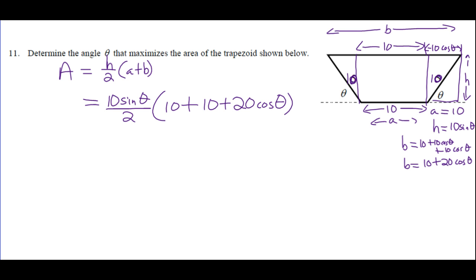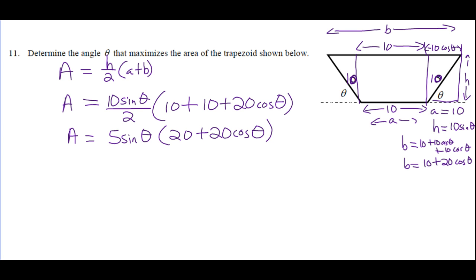So let's go with 5 sine theta, and 20 plus 20 cos theta. One reason I changed the 5s to 10s was because I knew I had to divide the height by 2, and dividing 10 by 2 is a nice number, not 5 halves, no fraction.